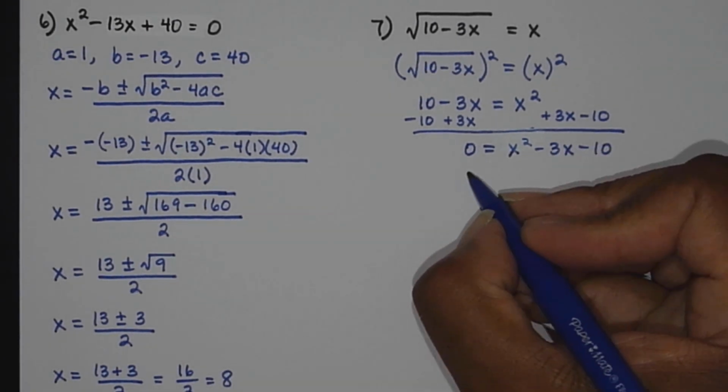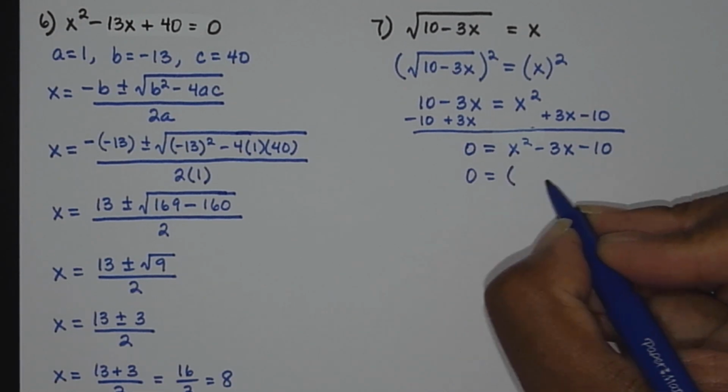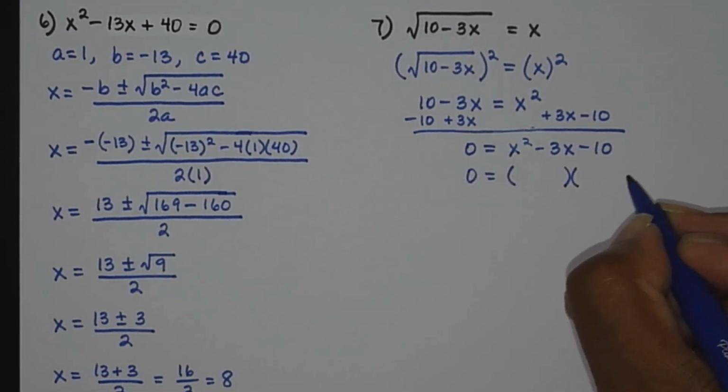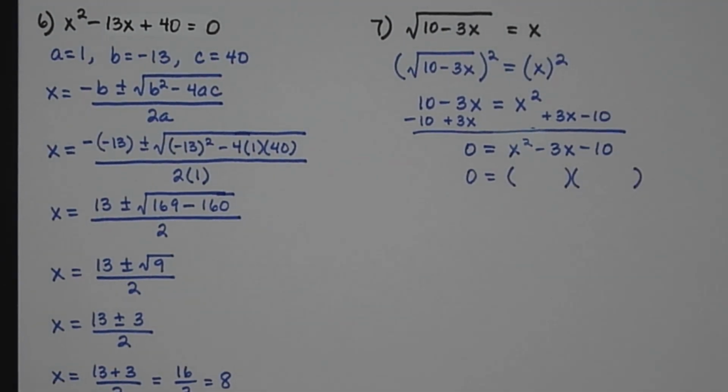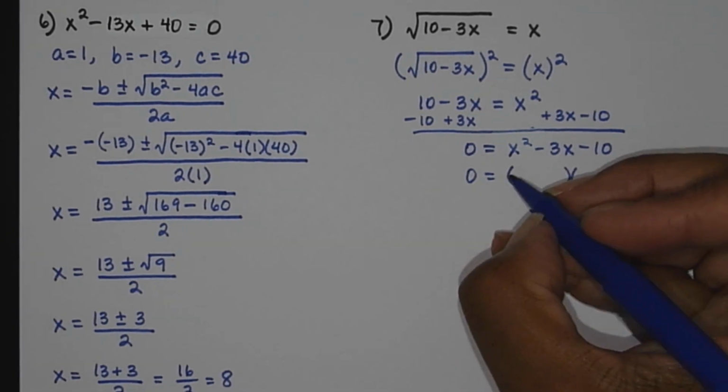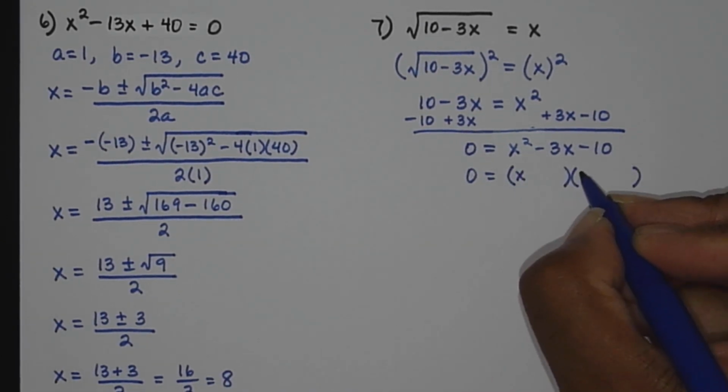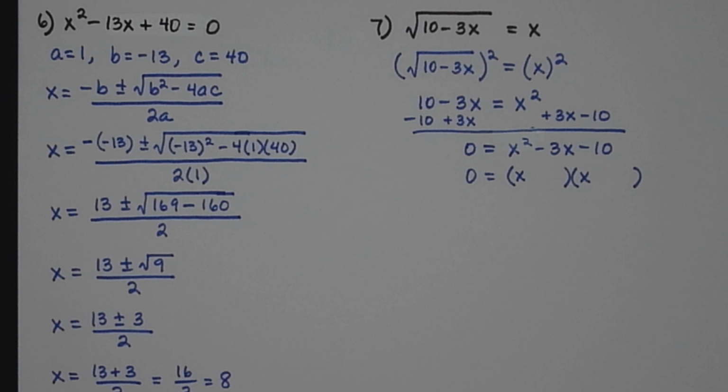And that x squared minus 3x minus 10, I'm going to try to factor that into two binomials here. Let's see, the x squared, I can break that up as x and x. What would be factors of negative 10 that would give me negative 3x as a middle term?